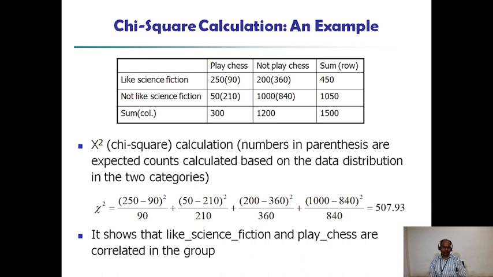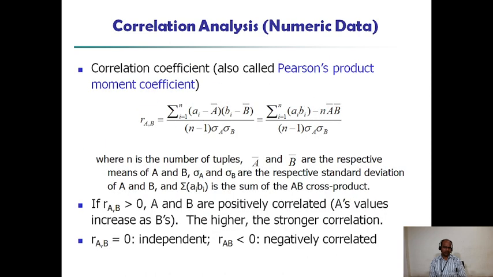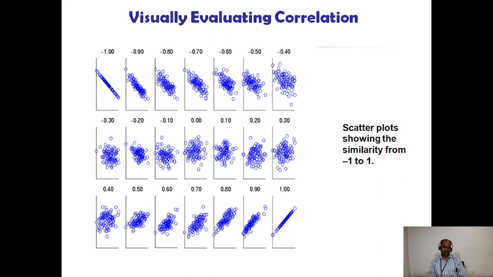So this is the chi-square calculation. This is an example of how we eliminate some inconsistencies when we are integrating data from multiple sources. Like that, we have the correlation coefficient to avoid that.